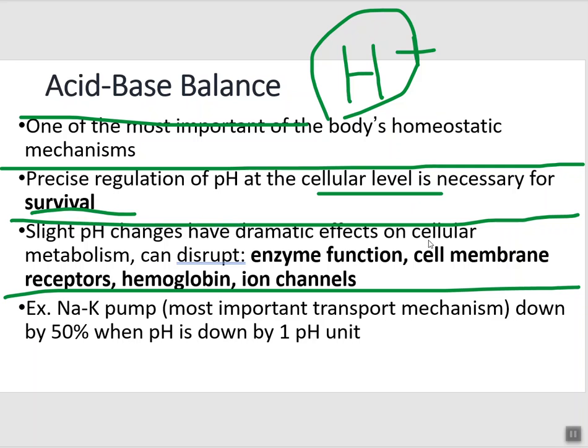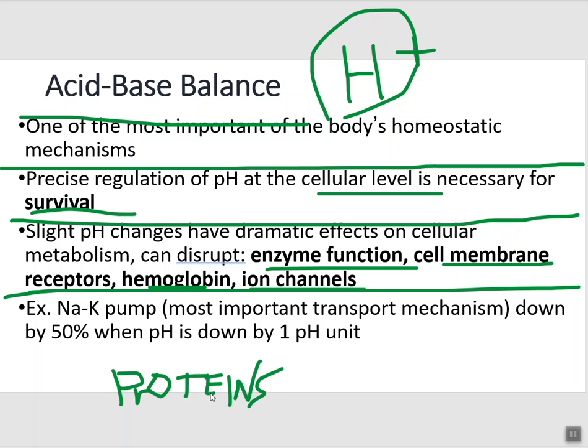Slight pH changes have dramatic effects on things such as the enzymes, cell membrane receptors, hemoglobin, ion channels. What is the key common point? These are all proteins. Proteins have a certain shape in order to do their job.